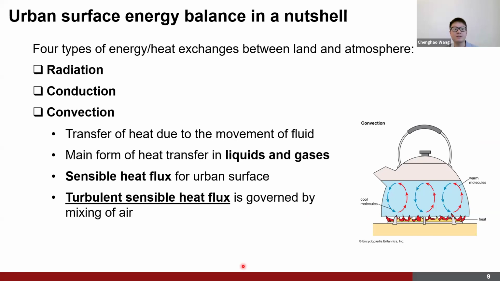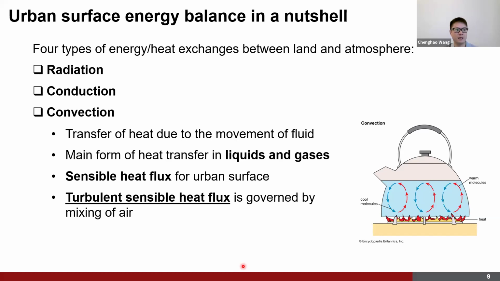The third one is convection, which is the transfer of heat due to the movement of fluid. Of course, this is the main form of heat transfer in liquids and gases. It is due to the motion or mixing of fluid, which can be much more effective when they are moving fast.